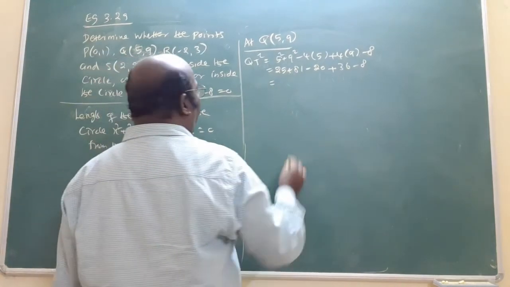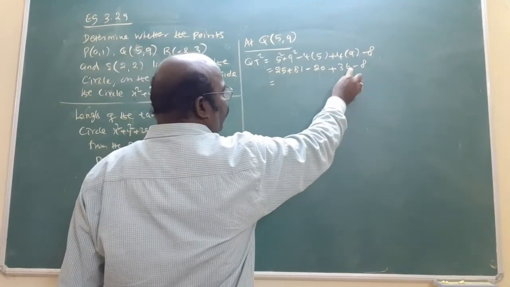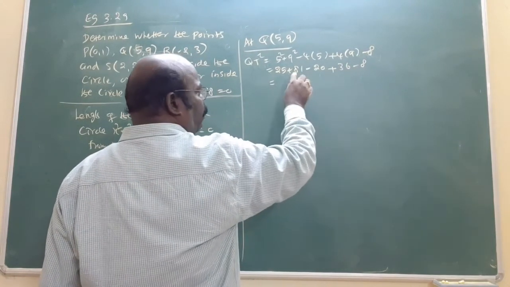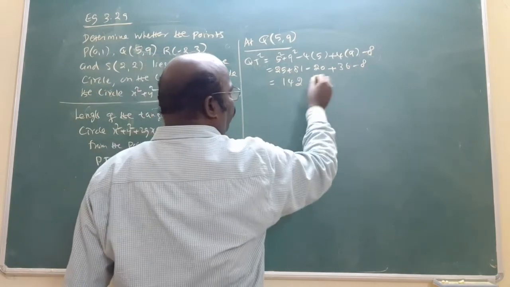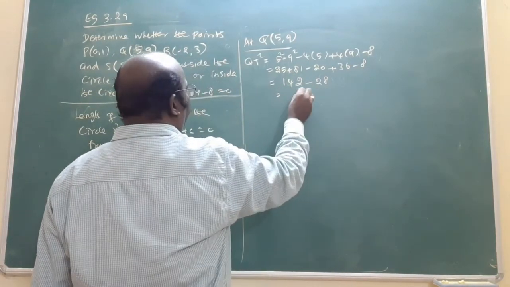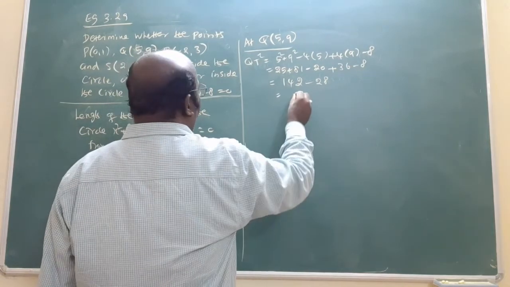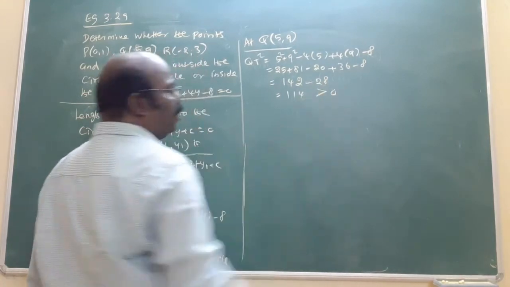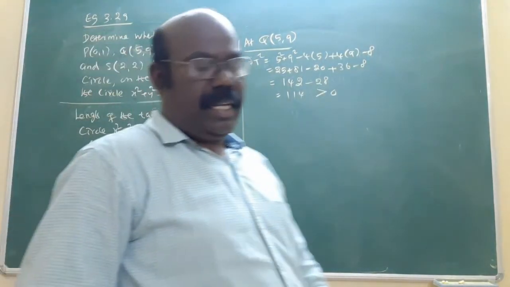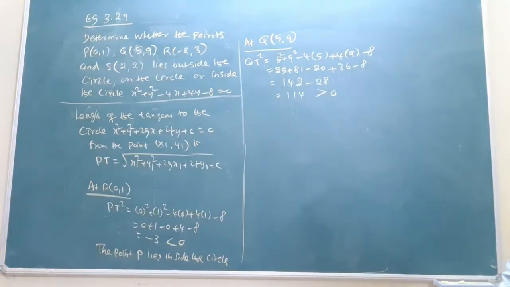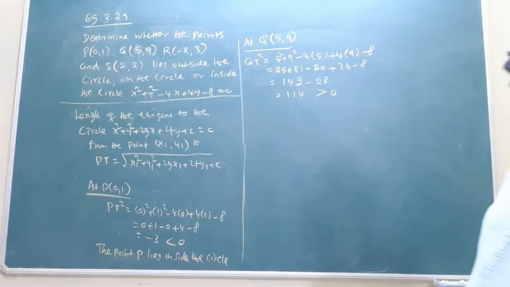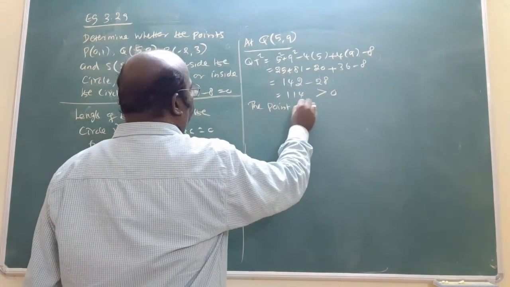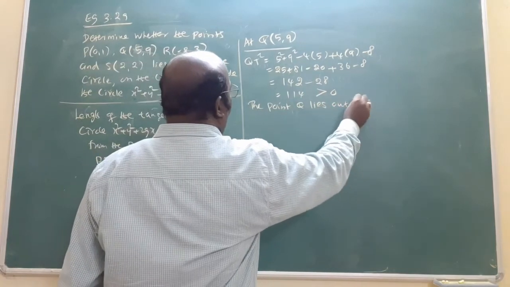First adding all the positive values, then subtracting the negatives, we get 114. Alright? This is positive. That means what? A positive value means the point lies outside the circle. Am I right? Greater than 0 means the point Q lies outside the circle.